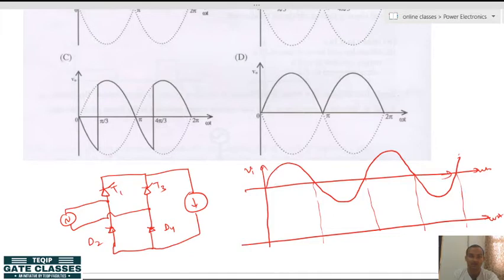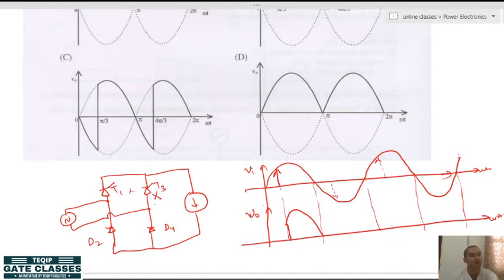Let us say this is the firing angle. At the start the circuit was working fine, and you have given the firing angle. No problem with that. Let me mark the firing angles like this. Now immediately after giving the firing angle, somehow your firing pulse was removed. Now you are not giving the firing pulse to T3, and after that you are not giving any firing pulse.